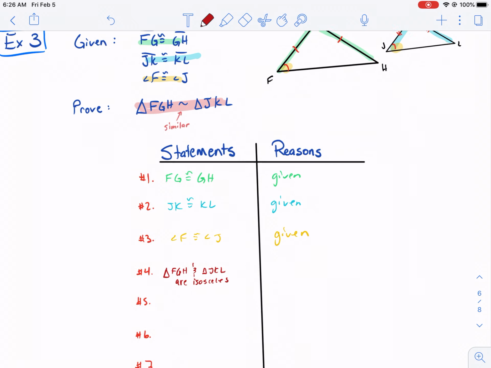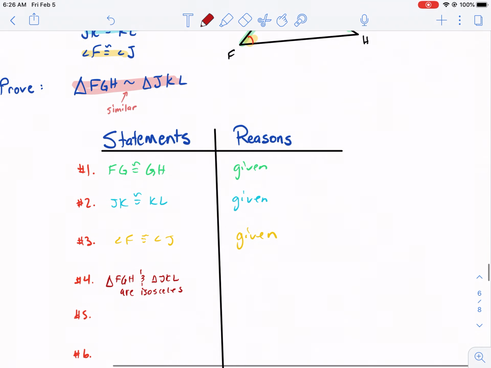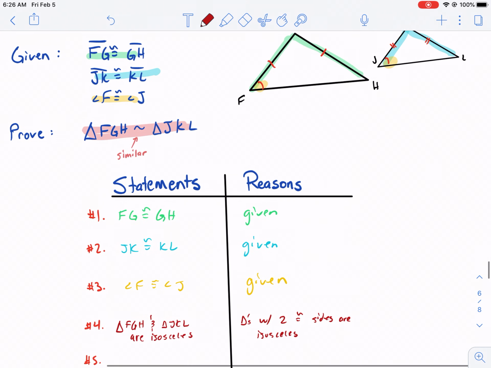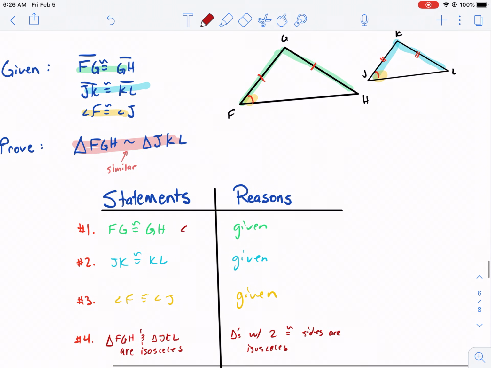And the reason why is because both triangles with two congruent sides are isosceles. That's a reason. Or you could put the definition of isosceles triangle, because we're already told that we have a side and a side congruent there.